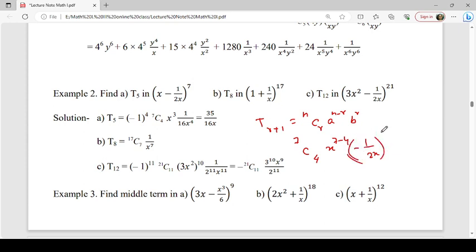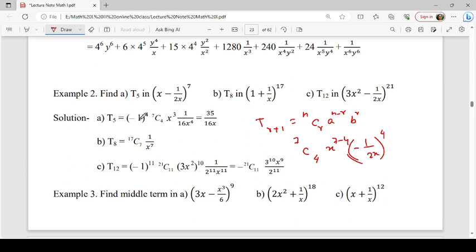So this minus we can break it, it is minus 1 to the power 4, 1 by twice x to the power 4. So here it is minus 1 to the power 4, then x cube, 1 by twice x whole to the power 4. After simplification, this is x cube, x to the power 4, so it is 35 by 16x.